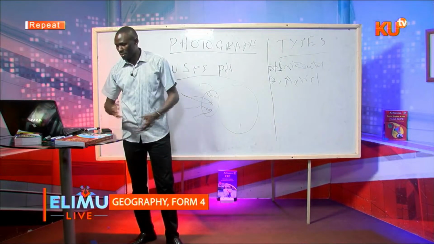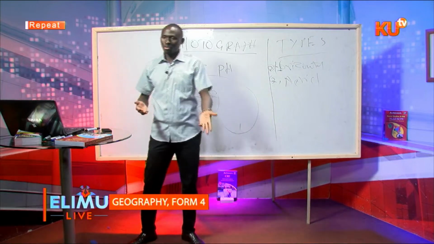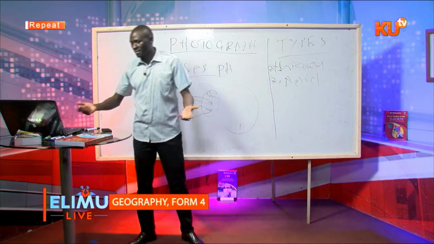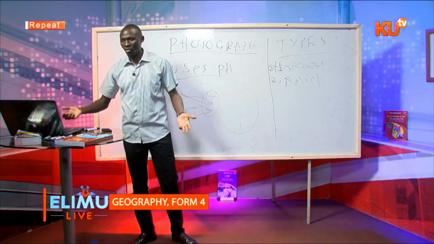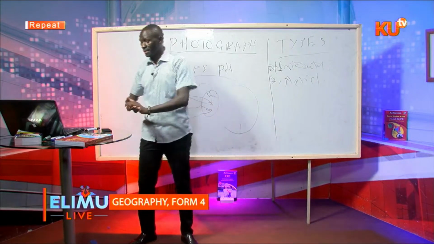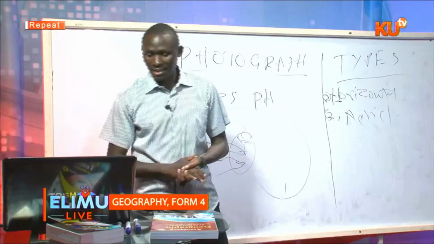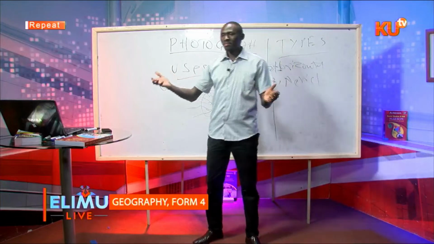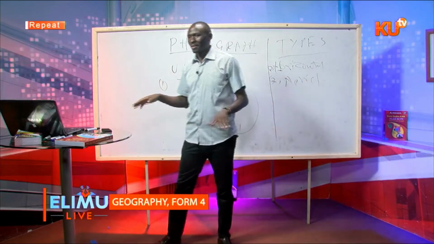When we're talking about marshes, you'll talk about swamp. Whenever you see a swamp, you interpret that this has been formed as a result of marshes. Then we also have savanna grassland. When you see savanna grassland, you'll only see the acacia trees and the grass alone.